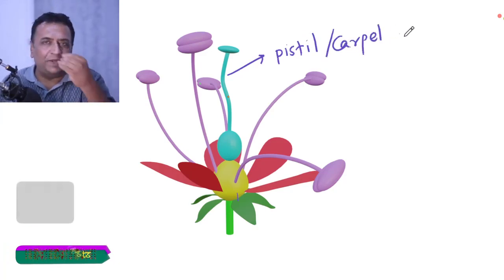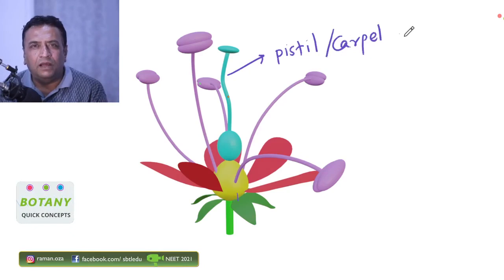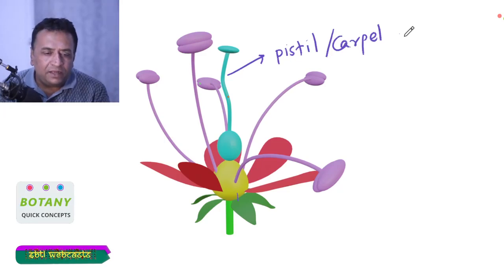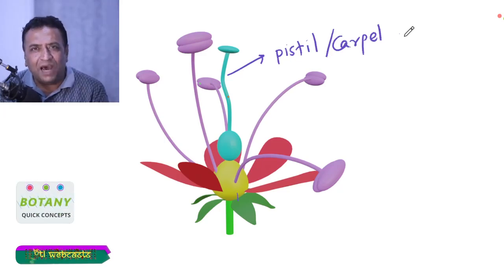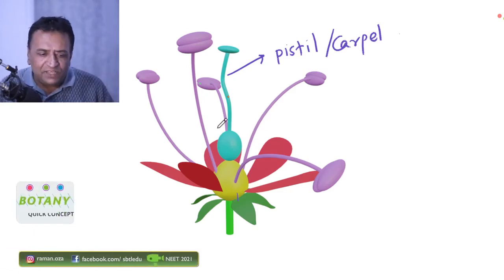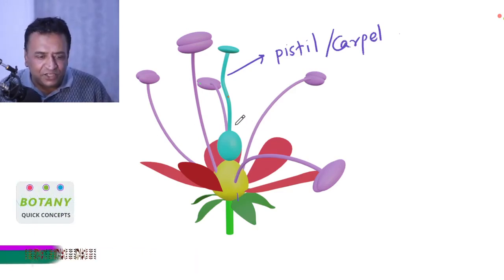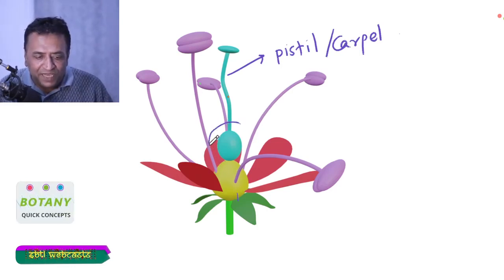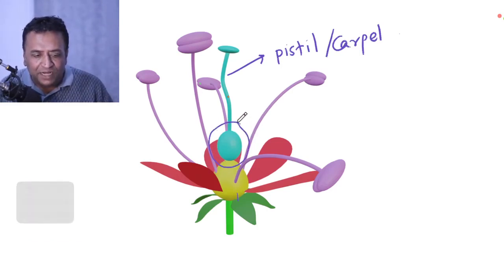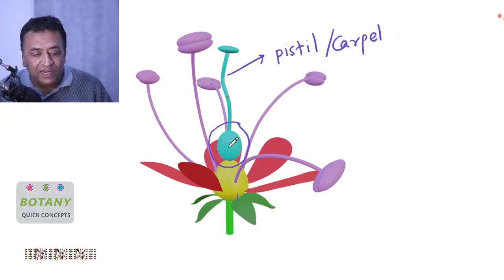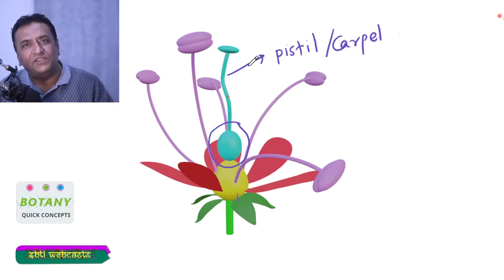Carp is fruit in botanical terminology. Carp means fruit, and carpel is a part that further develops into fruit. When this flower, after double fertilization, transforms into fruit, the basal part of this gynoecium, that is pistil or carpel, that is the ovary, will get enlarged and transform into fruit.